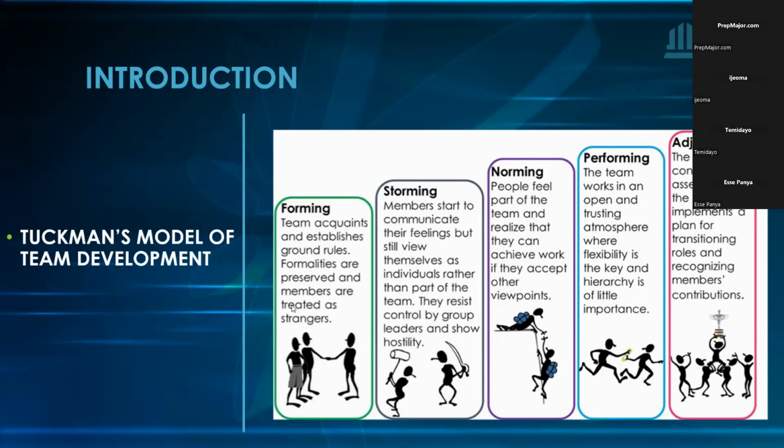And then we have the performing stage. In the performing stage, the team starts to demonstrate a very strong system, and they have more open communication and trust each other more and better. In this stage, they tend to celebrate every win as a team, and they put little or no importance in hierarchy.